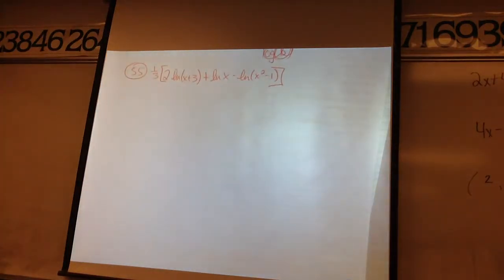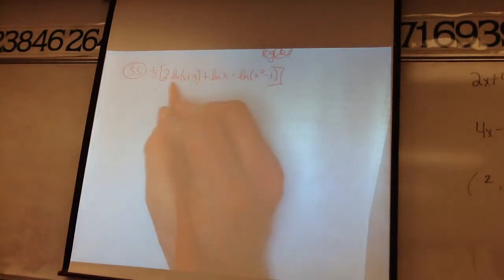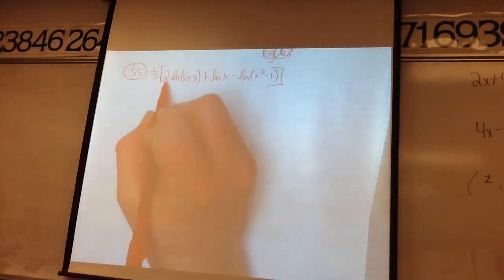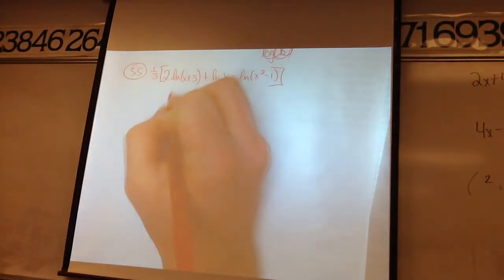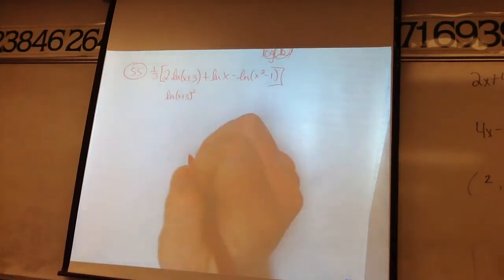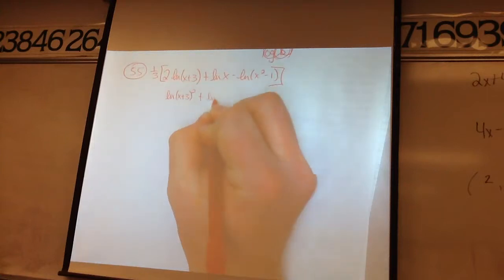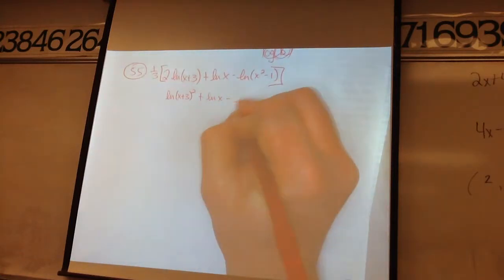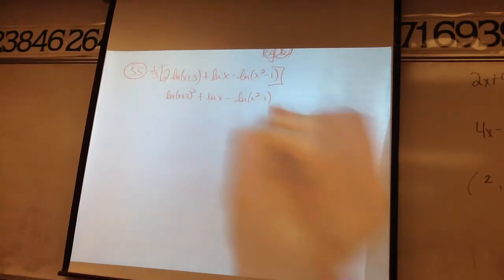So something like that. Where would you start? In here I would just go, hey, look at that. That's easy. That's ln of x plus 3 squared plus ln of x minus ln of x squared minus 1.